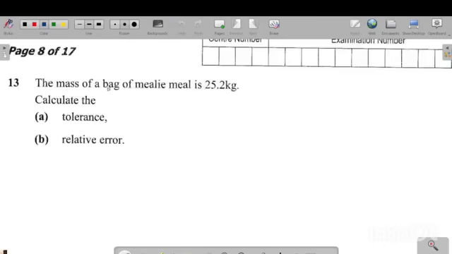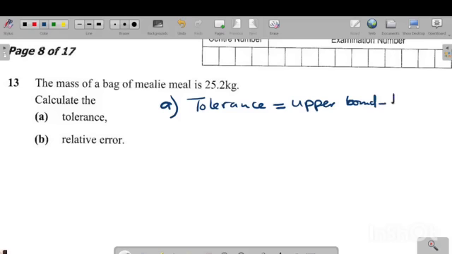Question 13 says the mass of a bag of meal is 25.2 kilograms. Calculate the tolerance. So what you have to know is that tolerance is equal to the upper bound minus the lower bound.